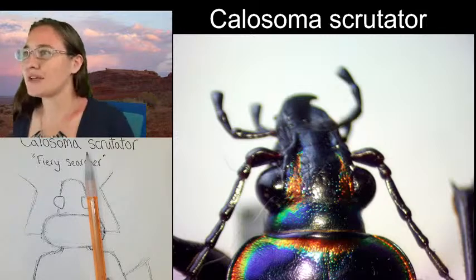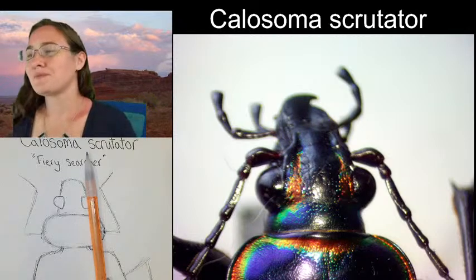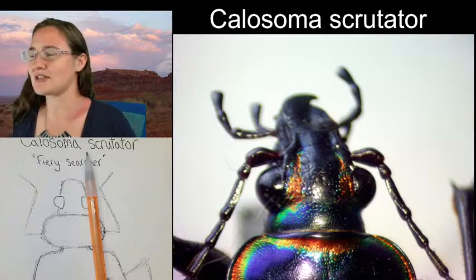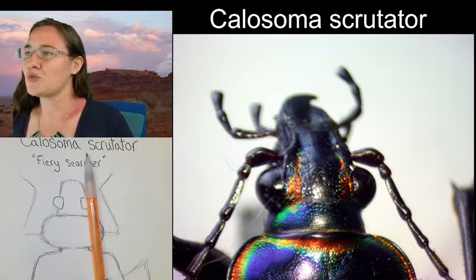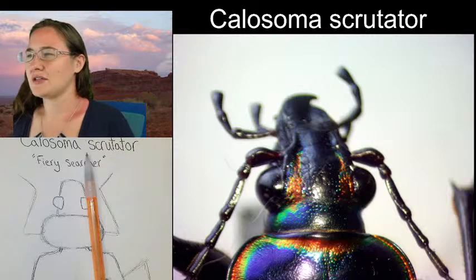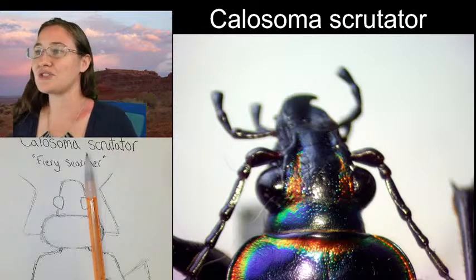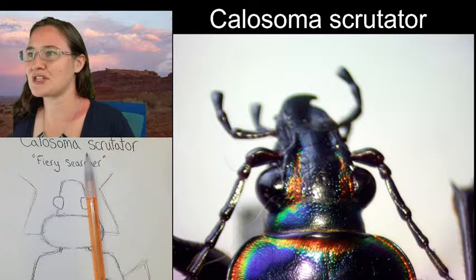So, Calosoma scrutator, this fiery searcher, can be found in most of the states in the eastern United States. If you're east of the Mississippi, you should be able to find it. It can go as far west as Nevada and then all the way through southern Texas. Really the only place it's not found is the Pacific Northwest.